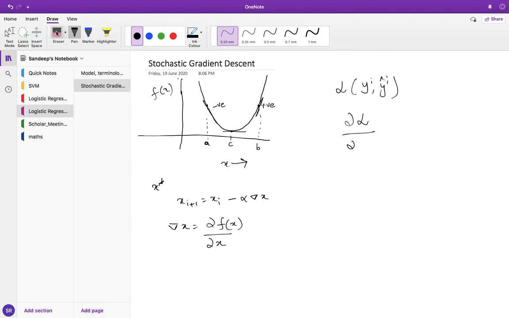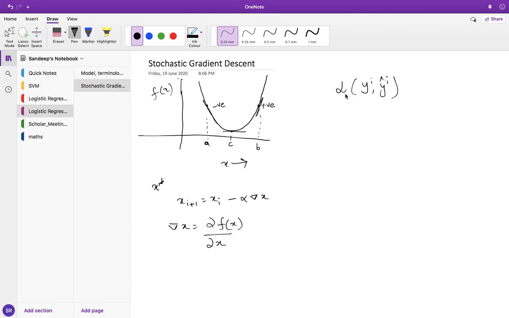Usually we start with an initial value, and we choose a random value. For example, you start at A with some random value and keep on moving closer to C. Once you get xi plus 1, use that to compute the next xi plus 1, and you keep on moving until you reach a minimum point. That is the main logic in SGD.